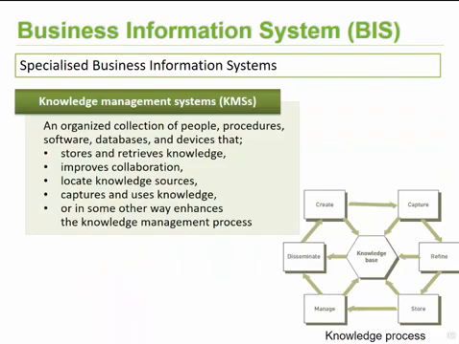The next type of system that we find is our knowledge management systems. These are systems that allow us to store and retrieve knowledge. For example, if you have an expert in your company, it's a good idea to record all the knowledge that person has, in case they leave the company, taking that knowledge with them.